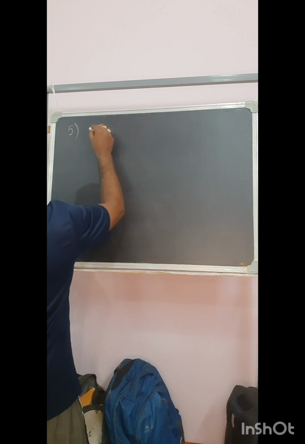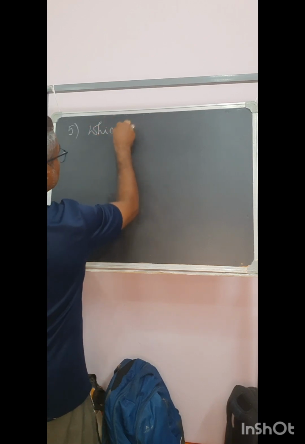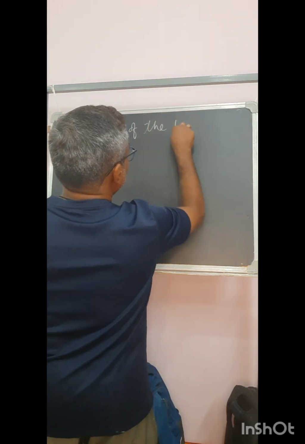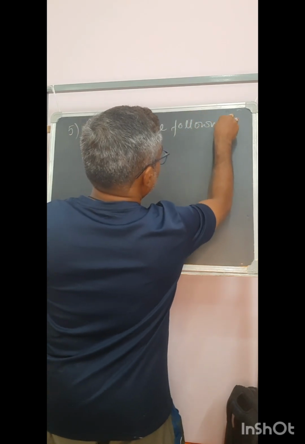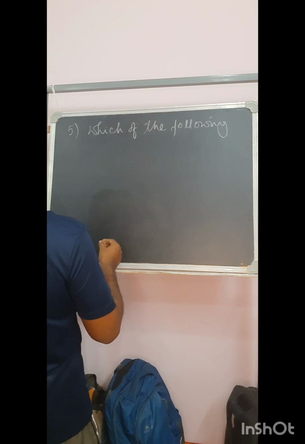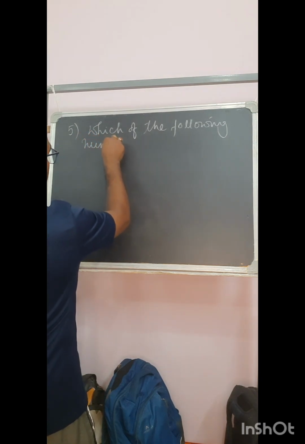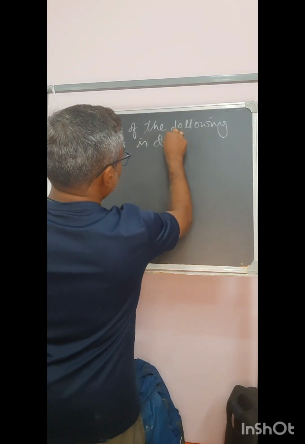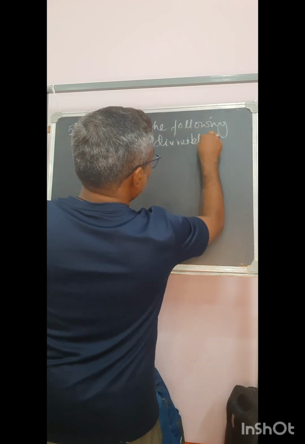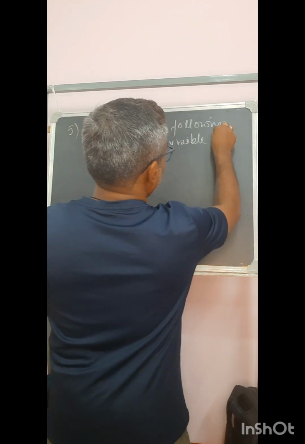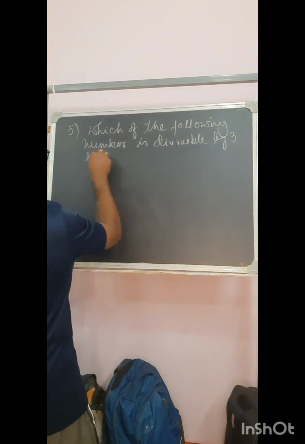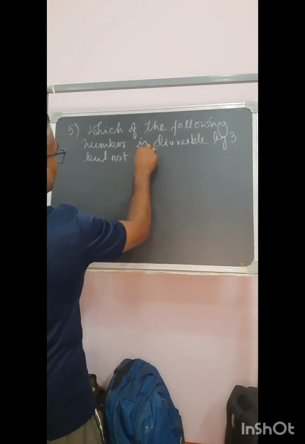So sum number 5 says, which of the following numbers is divisible by 3 but not 9.